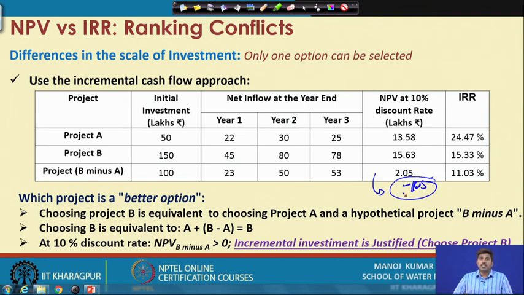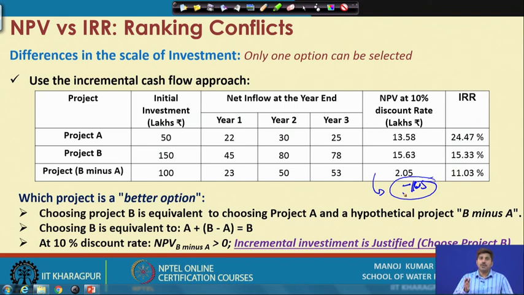So, decision making is simpler with NPV compared to IRR, and that is why net present value is preferred in such scenarios over IRR.